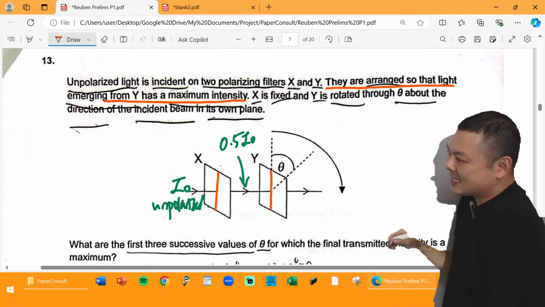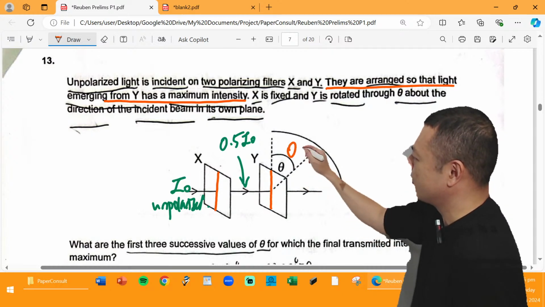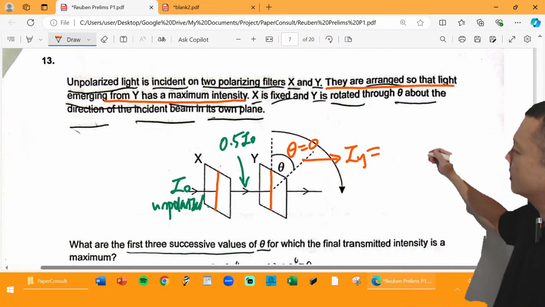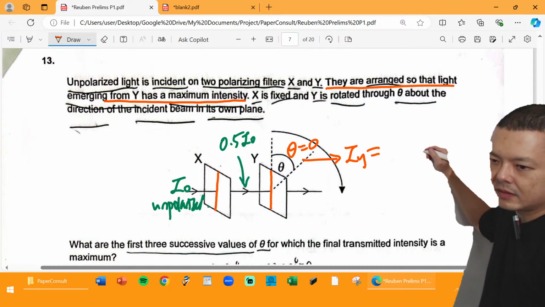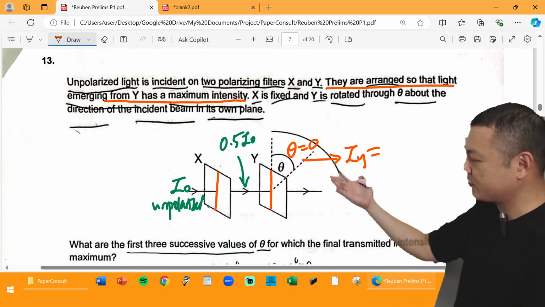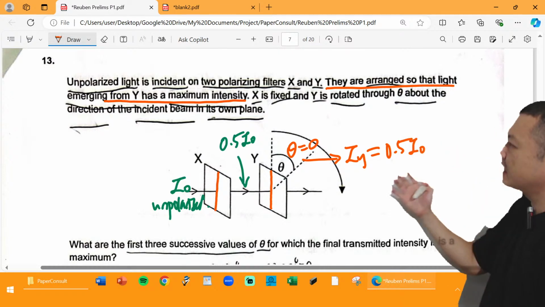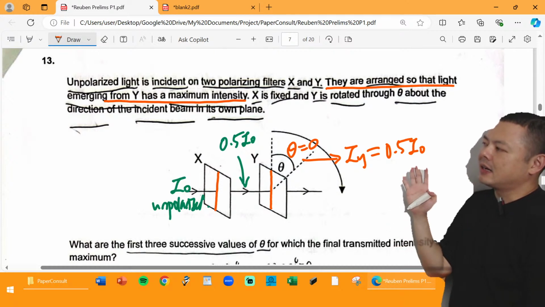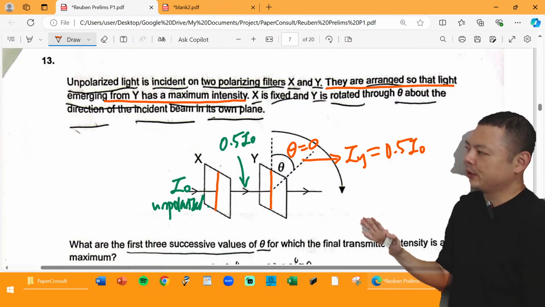So at the start when theta was zero, what was the intensity from Y? It will be just half of this one. Whatever came from X passes through Y if they're parallel to each other. At the start, it would have been 0.5. Now, do you agree that that's the maximum intensity that you can get out from Y? Okay, good.